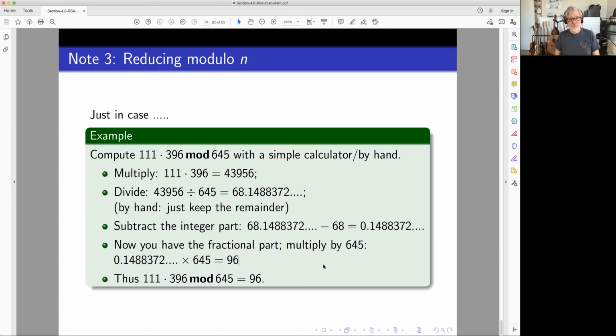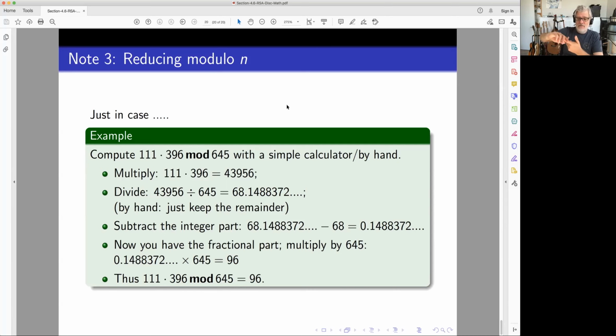I think that's my last slide. So RSA, you've got the full description, why it works, and how it works.